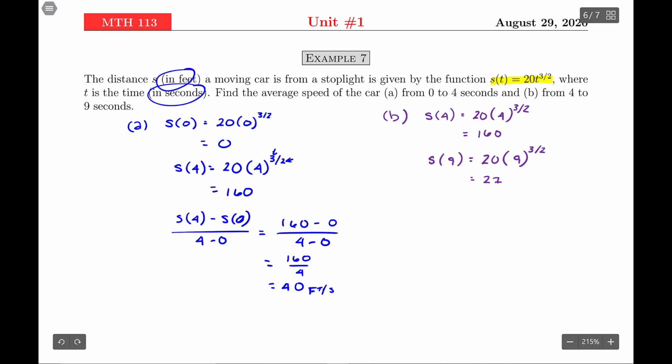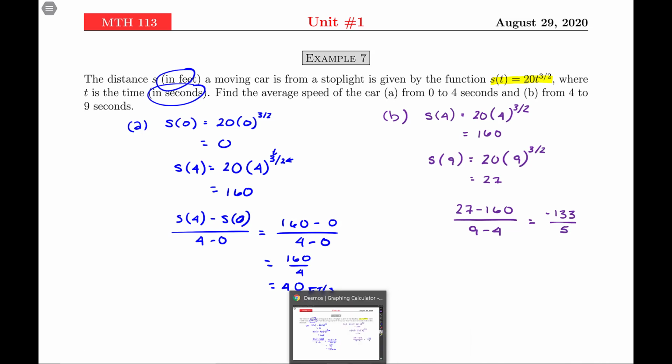So again, we're going to substitute those values into the average rate of change formula. And we get 27 minus 160 over 9 minus 4. 27 minus 160 is negative 133. 9 minus 4 is 5.